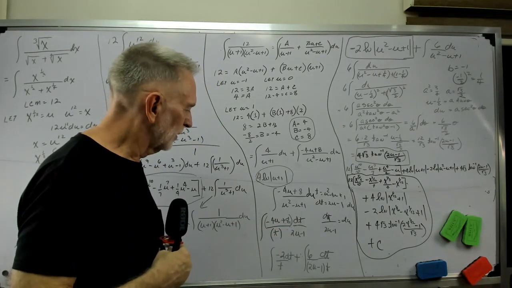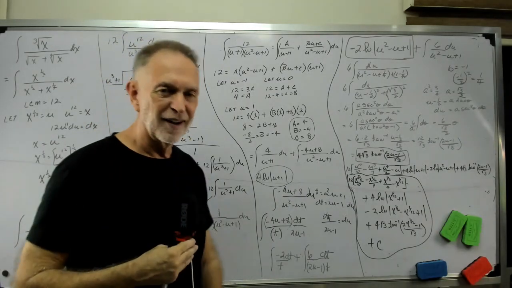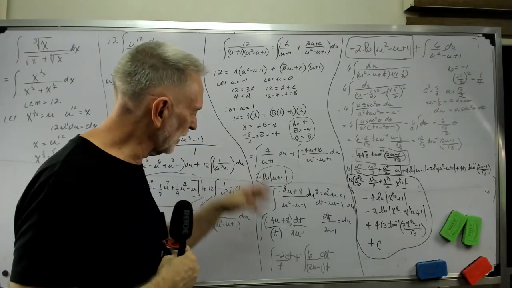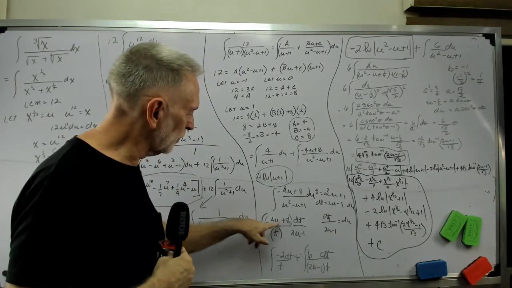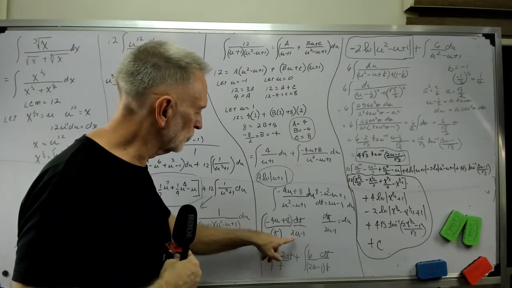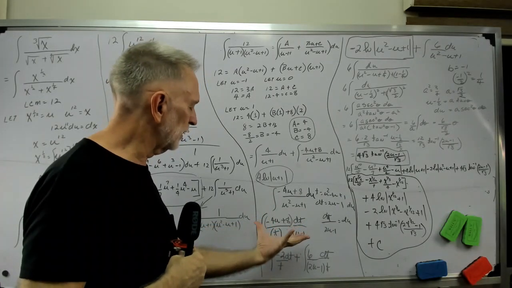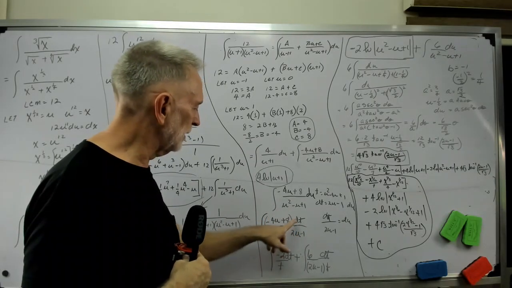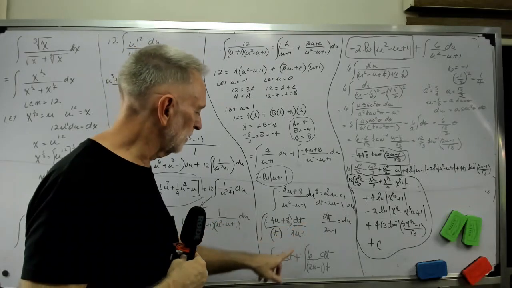Well, now I have another opportunity for long division. At least my thinking was, if I take -4u plus 8 and divide it by 2u minus 1, I can separate that into two pieces. Keep in mind it's still divided by t and integrated on dt.